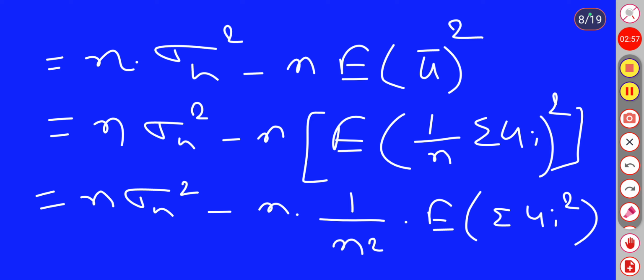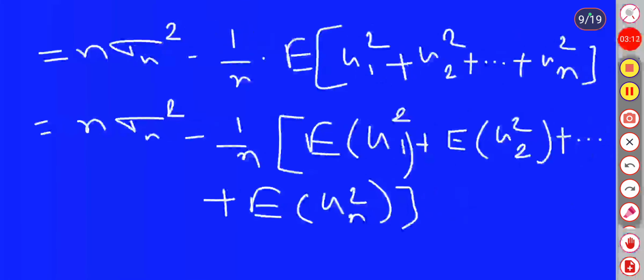And finally we get n into sigma u square minus n times 1 by n square into the expected value of sum of ui square.